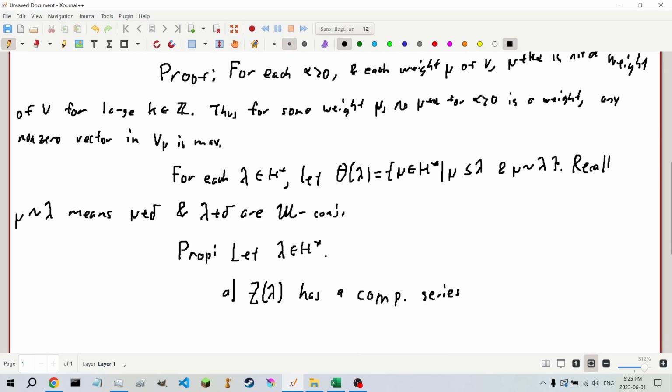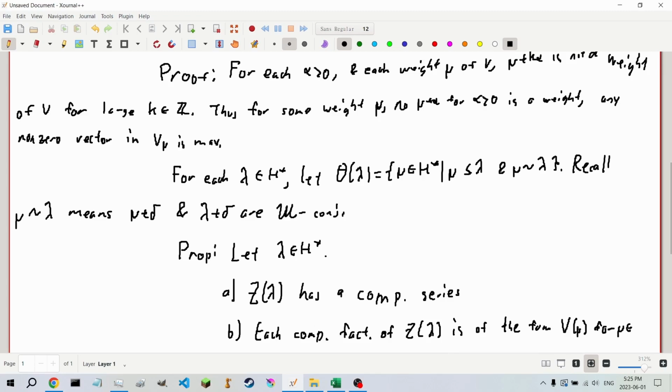Part B: each composition factor of our Z lambda is of the form of our earlier V mu for mu in theta of lambda.